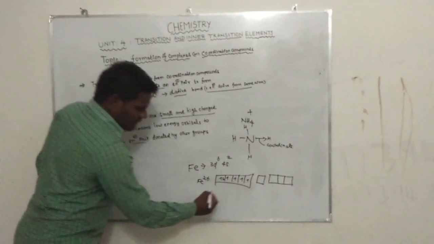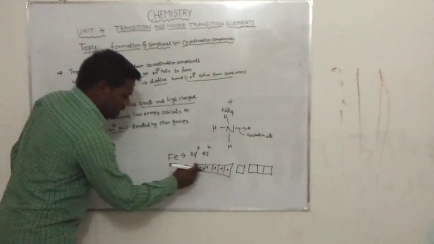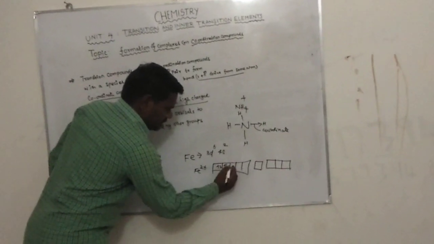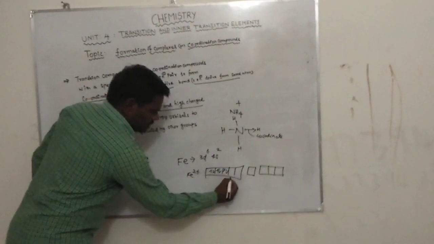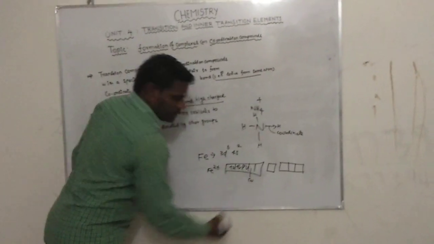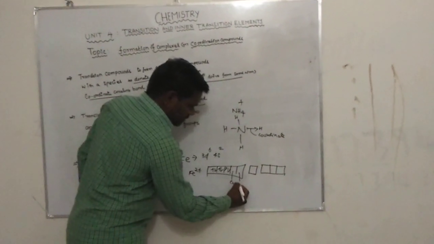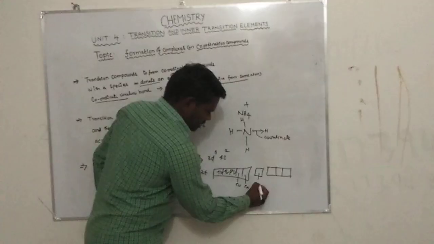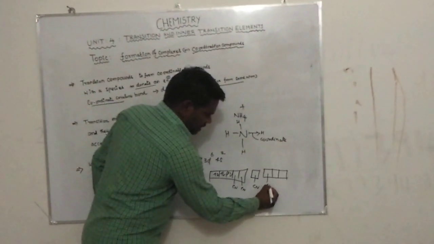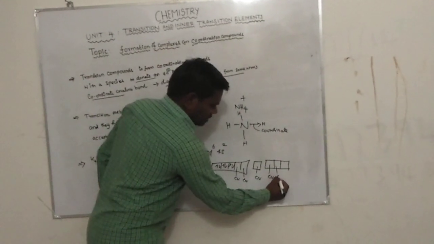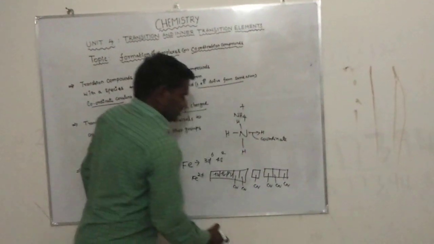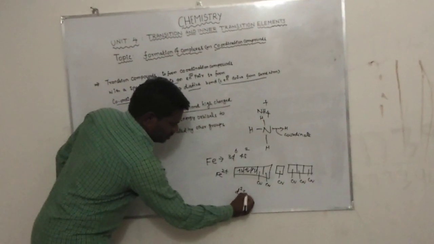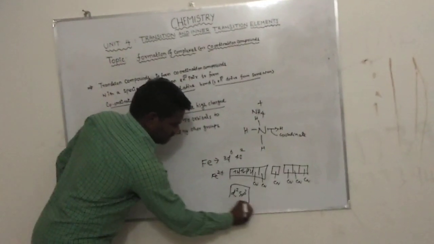Now the cyanide ligand is a strong field ligand that pairs the unpaired electrons. So the cyanide ligand combines with the d, s, and p shells, and we get d2sp3 hybridization.